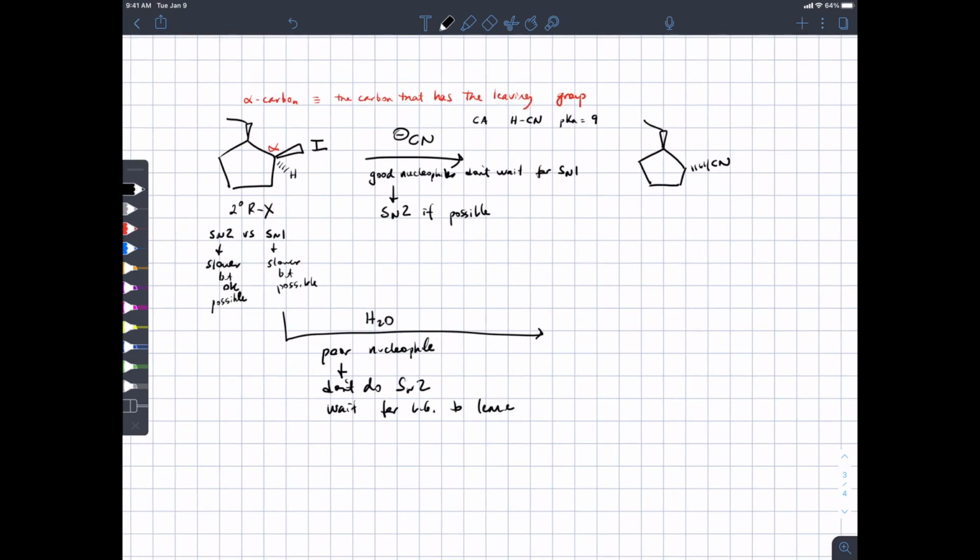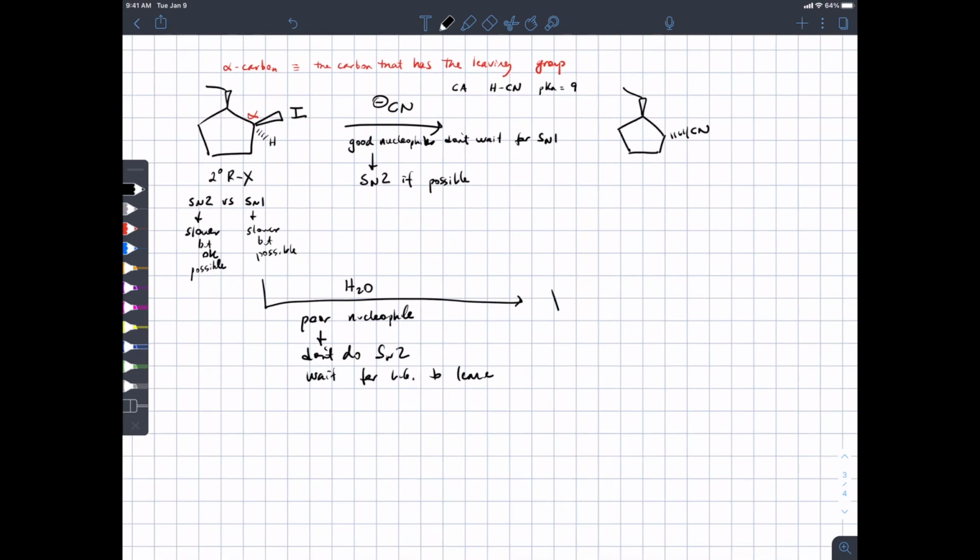So, if you've determined that it's SN1, it can be helpful to draw the carbocationic intermediate with the positively charged alpha carbon, because that can help you remember that it can be attacked from above or below.